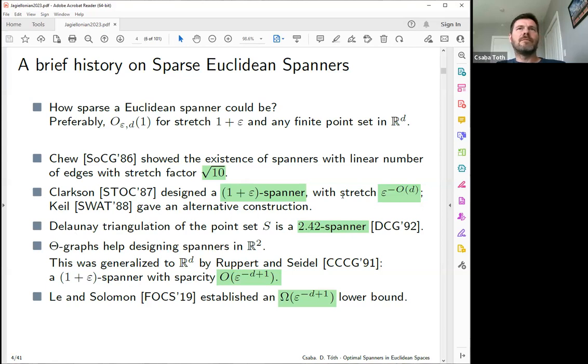The question since then was the dependence of the sparsity on epsilon.